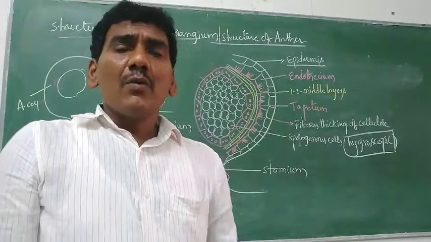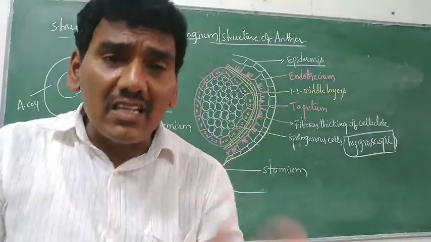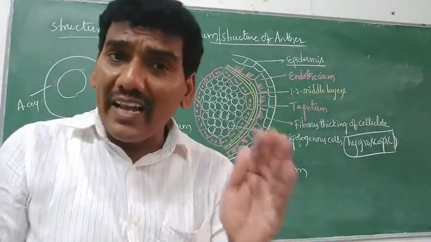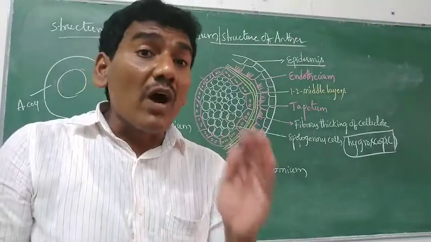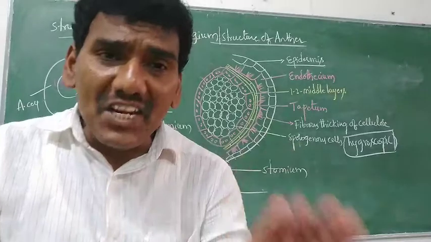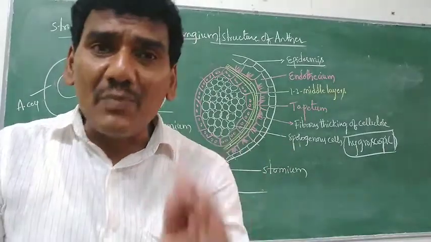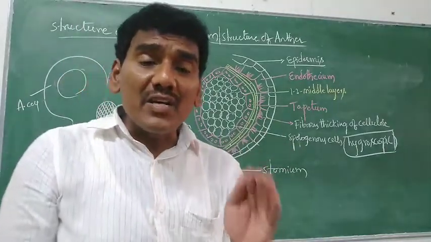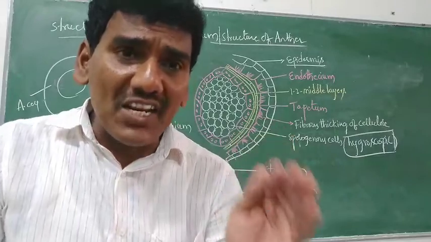Actually, 4 wall layers are present in the anther. Out of the 4 wall layers, which layer has a hygroscopic nature? Only the endothecium. Why do the endothecium cells act as hygroscopic?